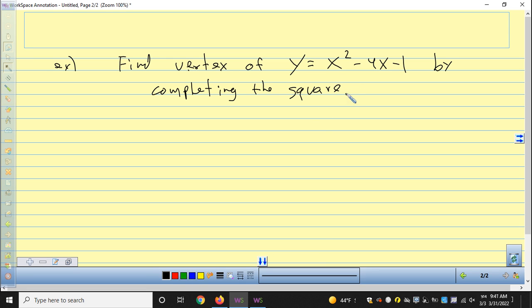Now, before we find the vertex by completing the square, we have another way that we can find the vertex that we learned a little bit back. Remembering now will be helpful for what we do to help us with our quiz. It had to do with b and a.